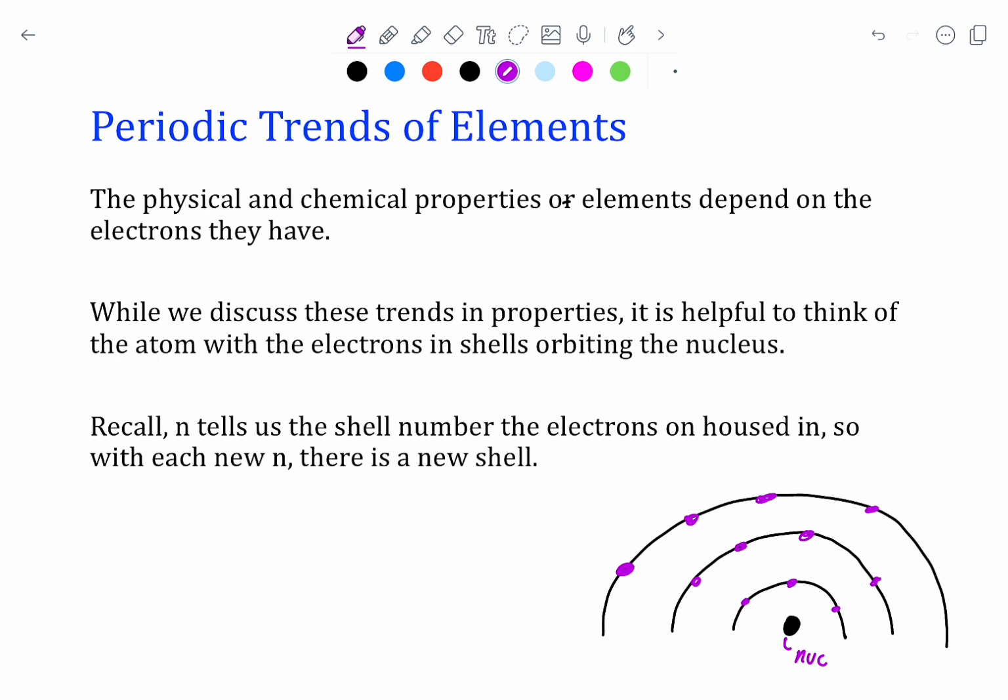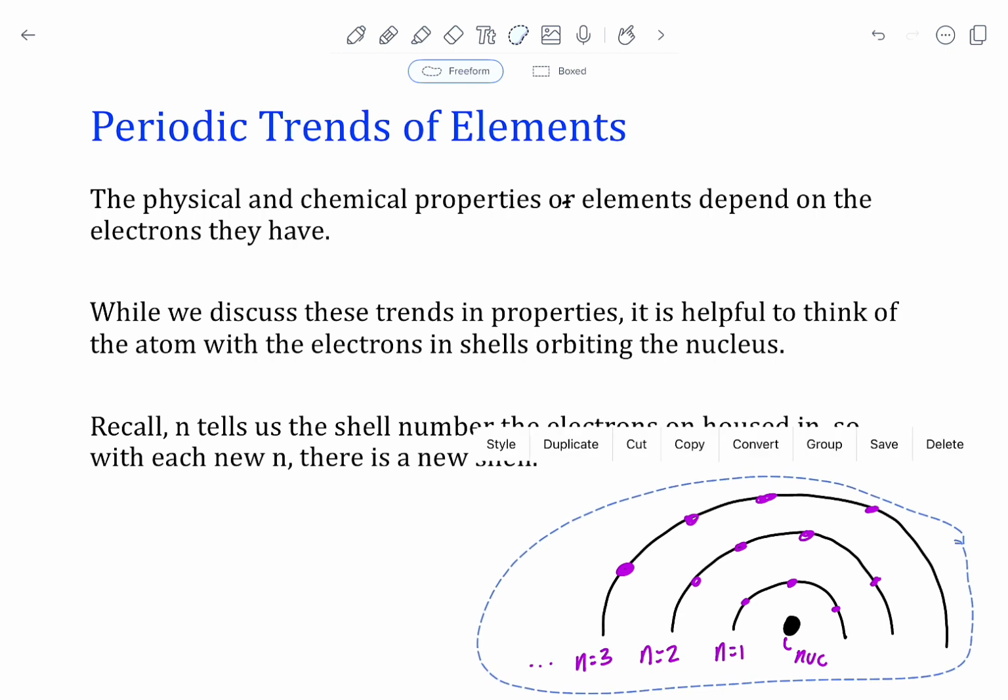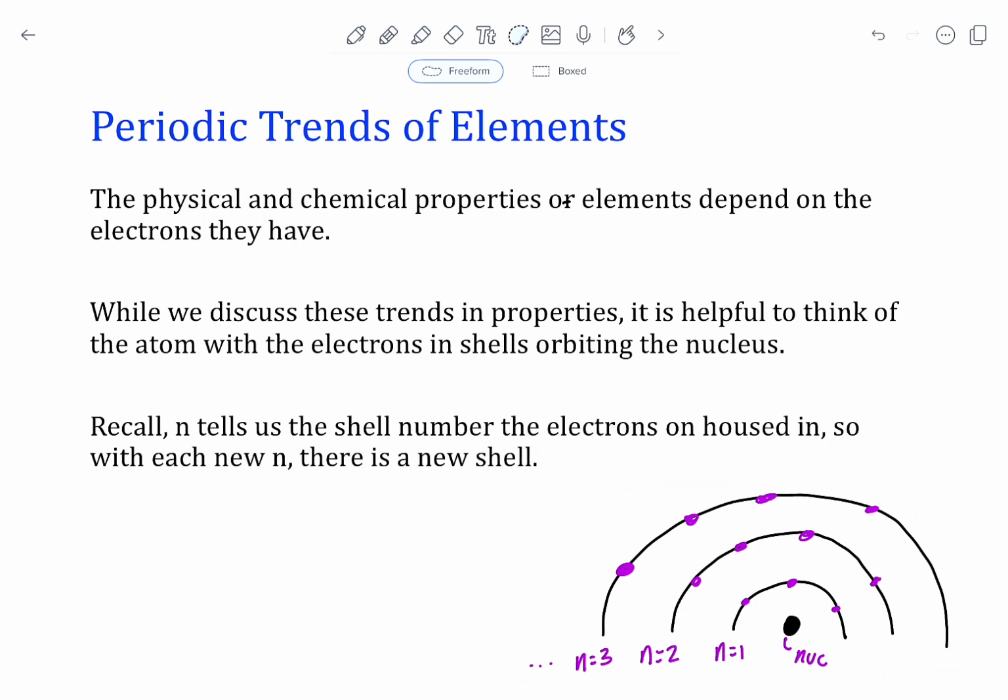And we have to remember that n is the shell number that the electrons are housed in. So with each new n, there is a new shell. This would be n equals 1, that's closest to our nucleus. n equals 2, which is one further away. n equals 3, and so on and so on. It goes further and further as you go further out and have more electrons. So I'm just going to copy this in case we need it again in one of our slides.